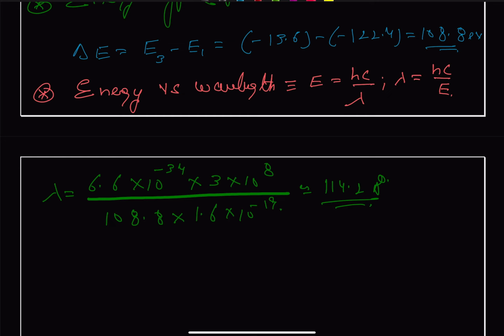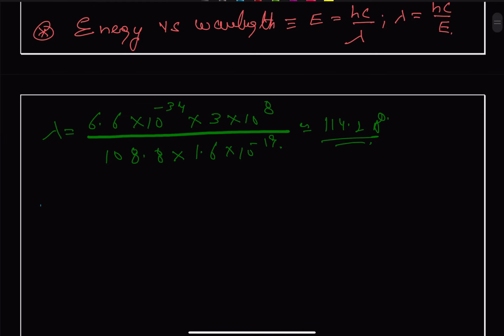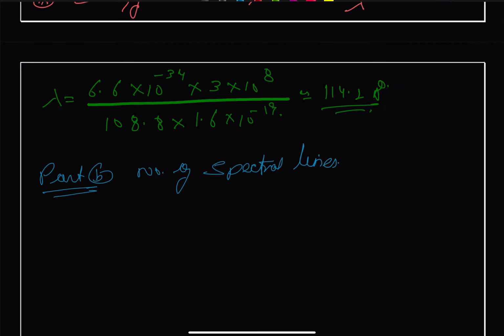And we have to find the number of spectral lines, which is our part B. So we have three states, that is 1, 2 and 3.